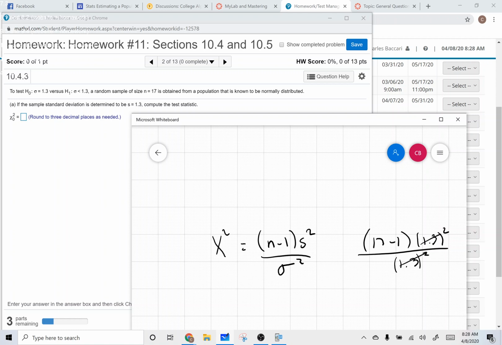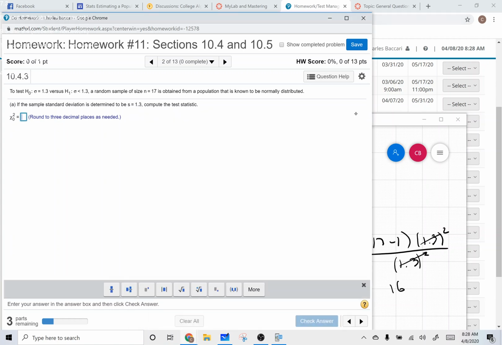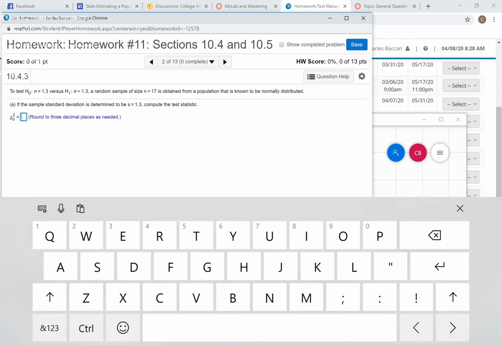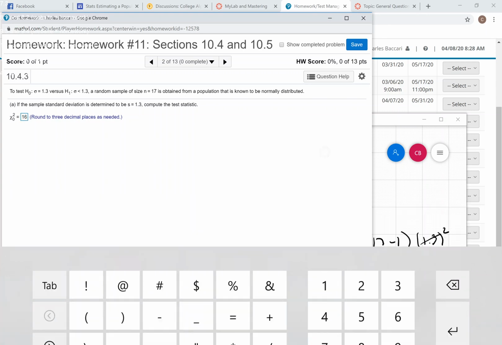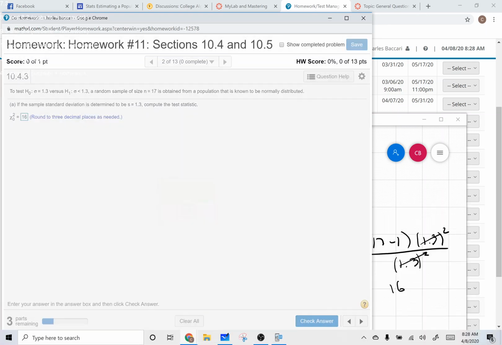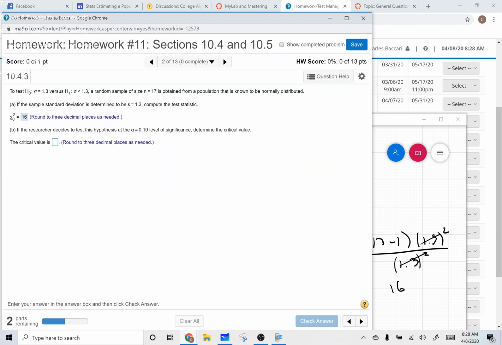Well, these are just going to cancel, so that leaves us with 16. So let's put 16 here and see what it does. It's the first time I've seen that happen, ever. It worked.